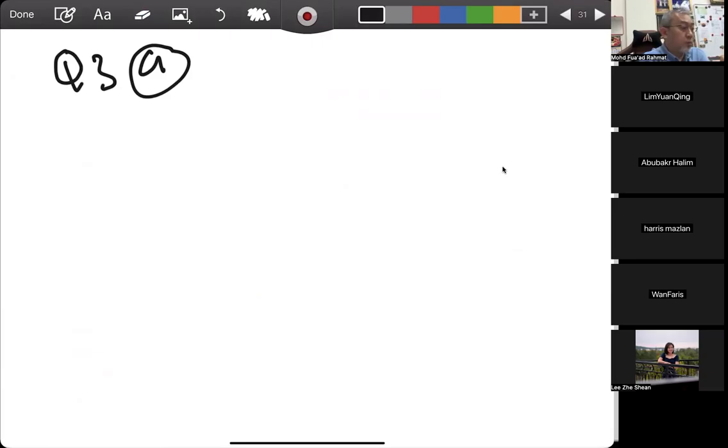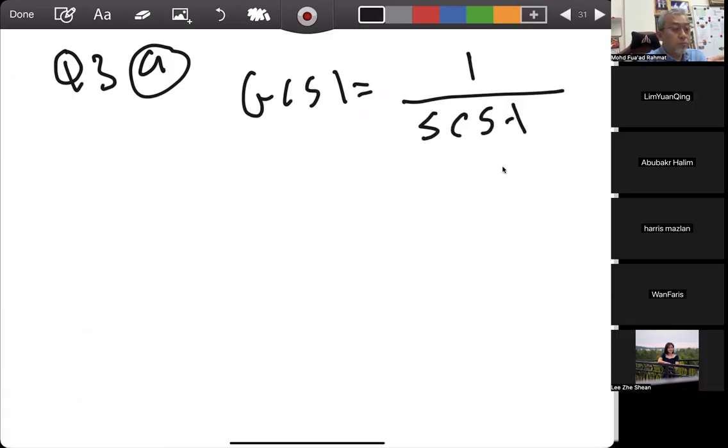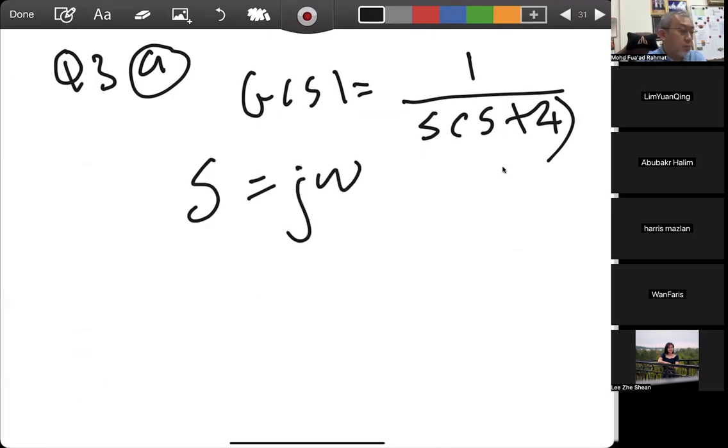Okay, so where you are given, okay, as usual, use s equal to j omega.